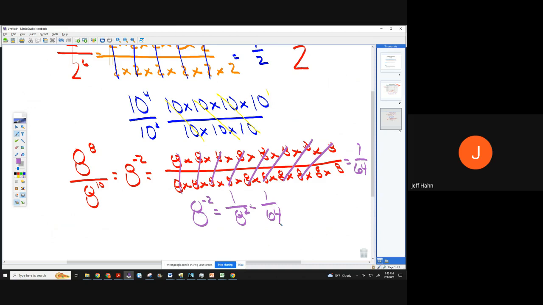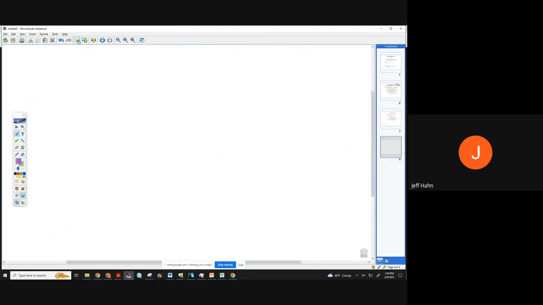It just tells you that you have more 8s on the bottom than the top. As a matter of fact, let's write this down. This is the only rule you need to figure out.